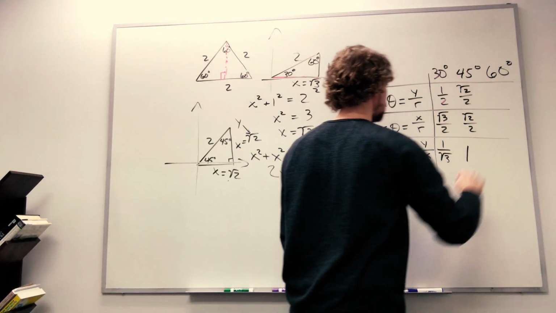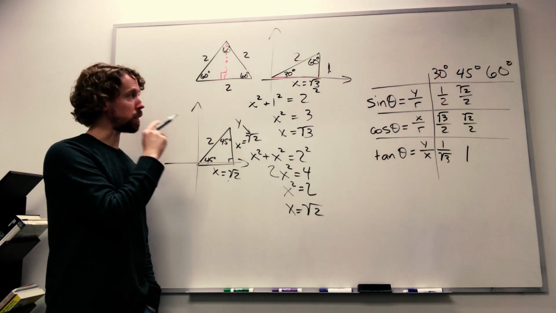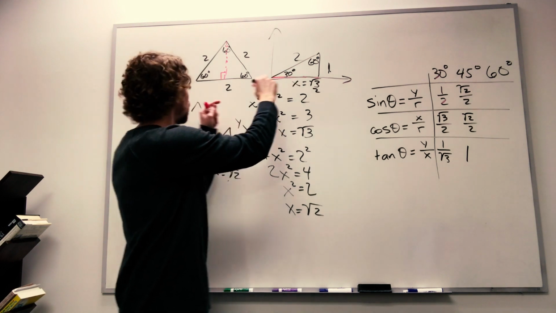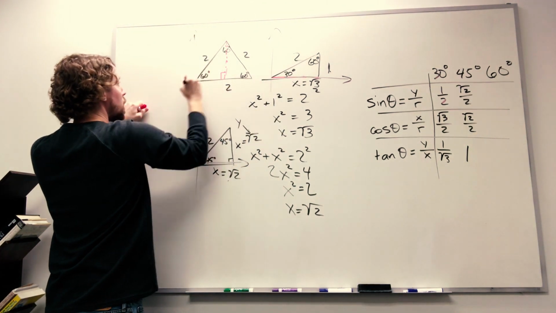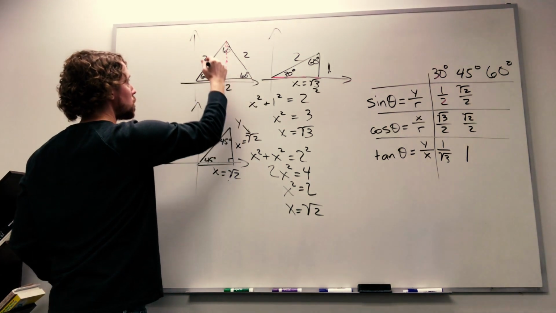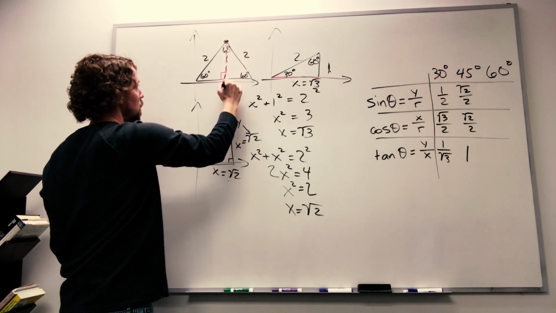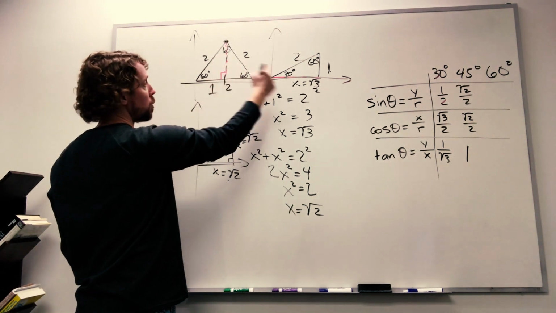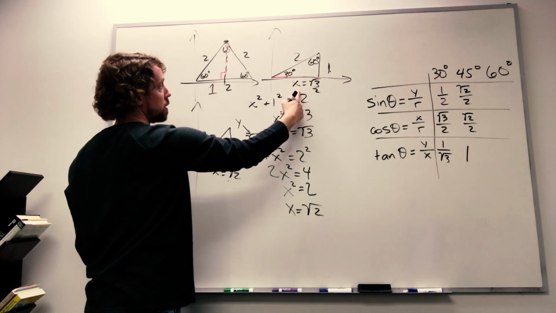And then last, I want to do it for 60 degrees. So I'll think about this triangle oriented this way on an xy plane. So I have a 2 for the hypotenuse, and I have a 1 for the x value, and we had root 3 on the side corresponding to 60.